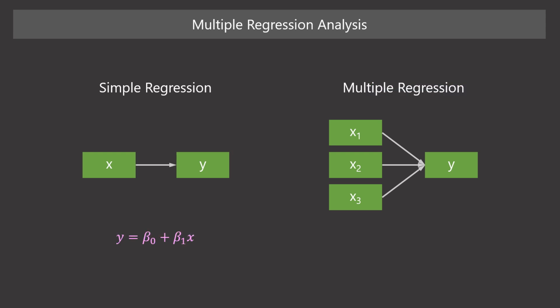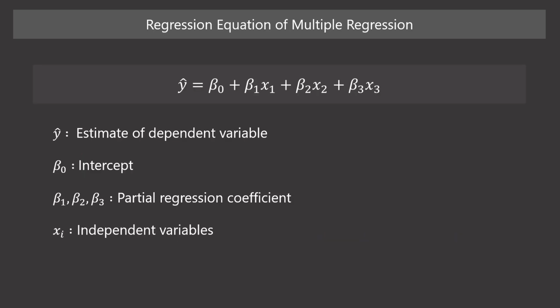A regression equation of a simple regression contains only one independent variable. On the other hand, that of a multiple regression has two or more independent variables. Let's look at the regression equation of multiple regression in detail. Here, y represents the dependent variable.